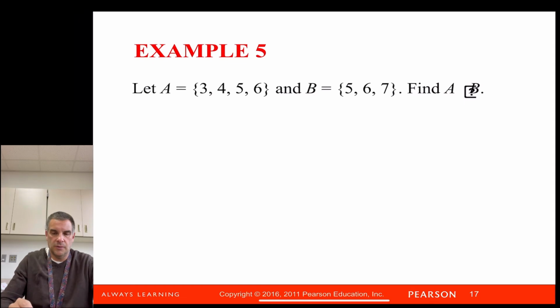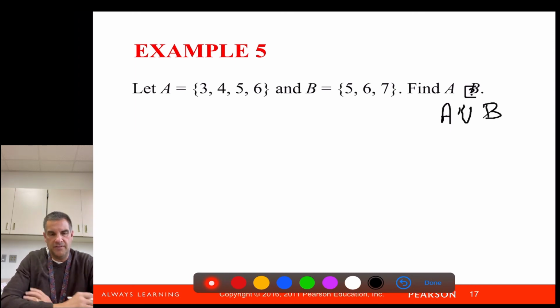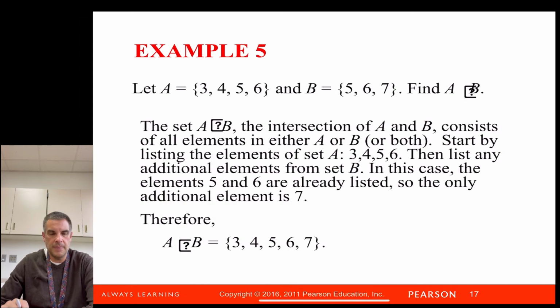So if we're asked to find A union B, if we have A be 3, 4, 5, and 6, and B be 5, 6, and 7, we want to find A union B, it's all of the elements that are in both.